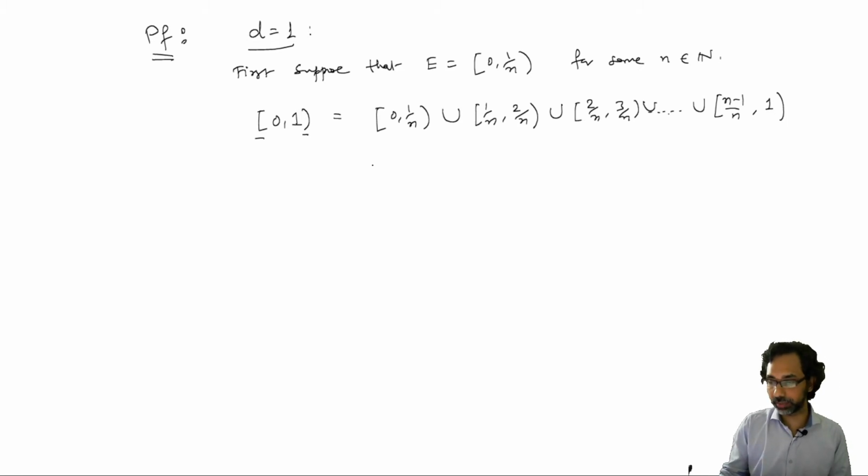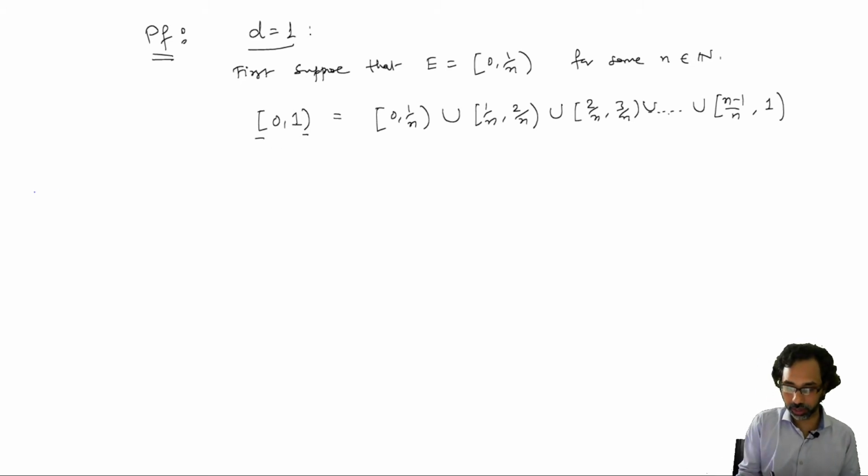So what I am doing here is breaking up the set 0, 1, which is closed at 0 and open at 1, into chunks of size 1 over n. So this is 1 by n, this is 2 by n, 3 by n and so on, n minus 1 by n.